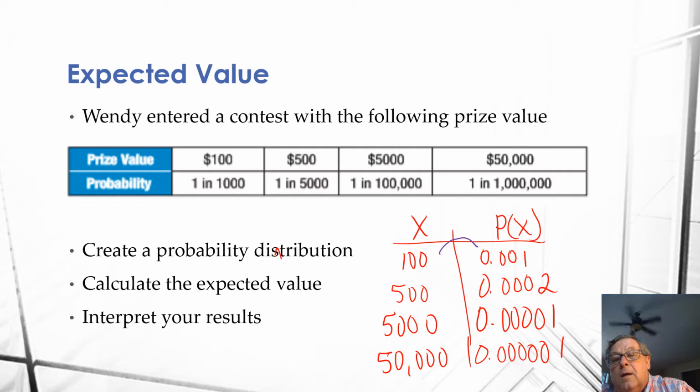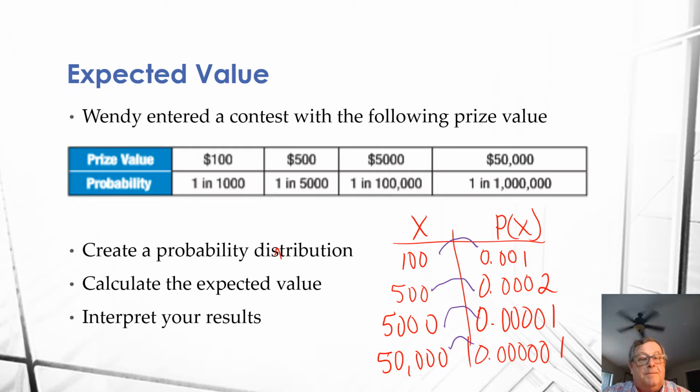Now, if I were calculating the expected value by hand, I would multiply 100 by 0.001, and then add 500 multiplied by 0.0002, plus 5,000 times 0.00001, and then 50,000 times 0.000001. I would add all those together, and that would give me the expected value.